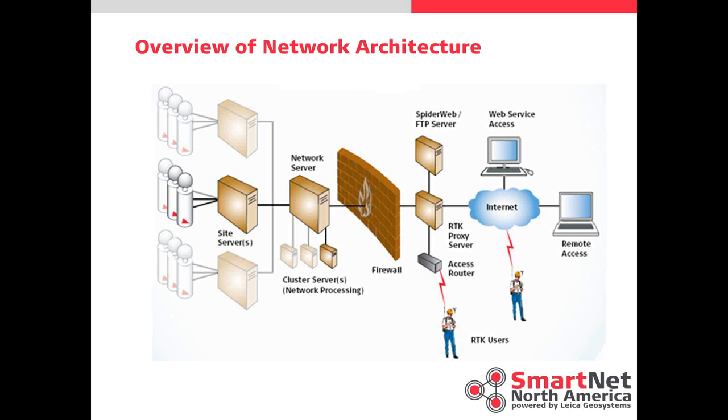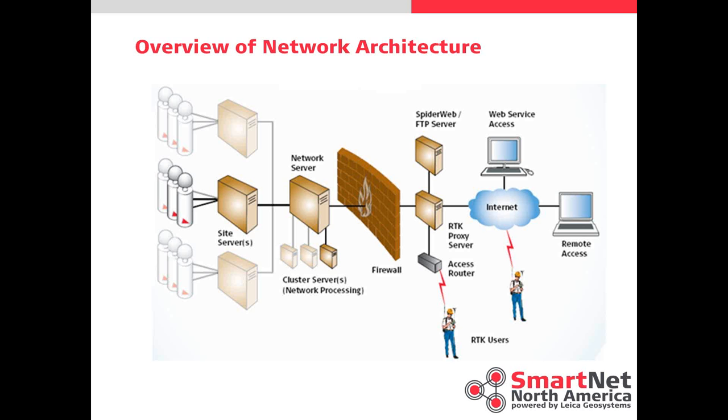Then, of course, it crosses the firewall out into the RTK proxy. That way, the network is secure behind a firewall, and the only thing exposed to the external world is the proxy server. And, of course, then we have our spider web, which is our RINEX files, and our portal access.